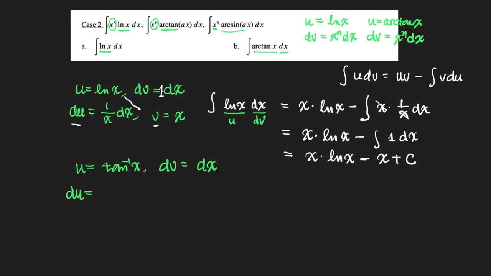So du is, do you remember the derivative of arctangent? 1 over 1 plus x squared dx. If you forgot, you should review the derivatives of fundamental functions. And v is x.